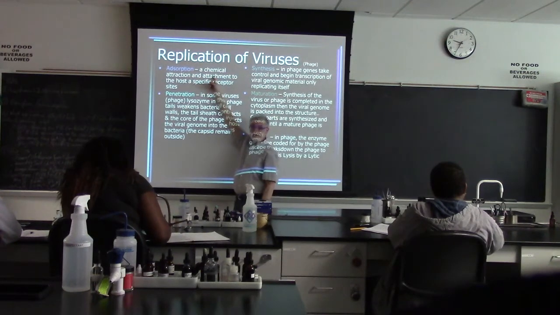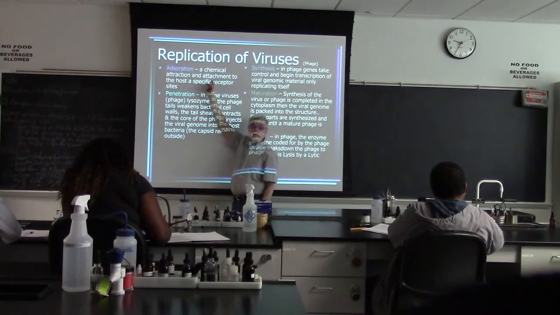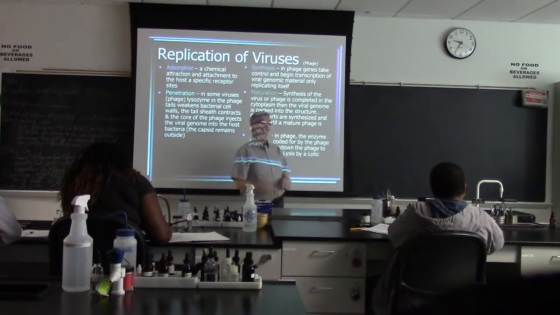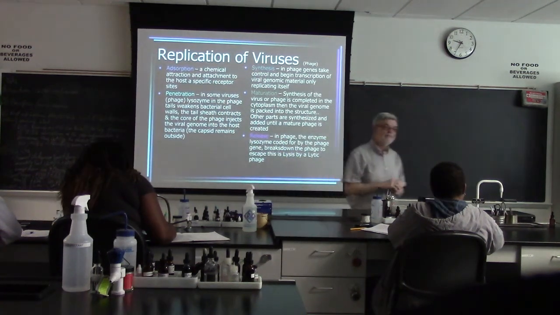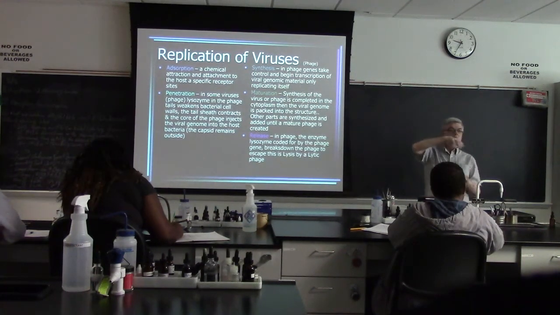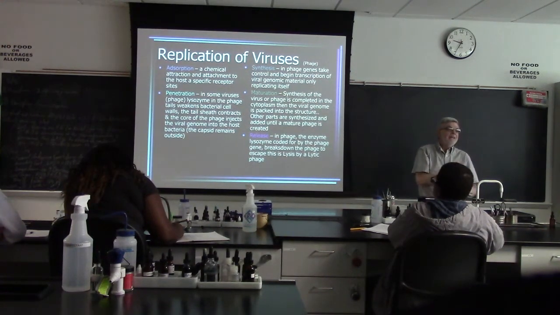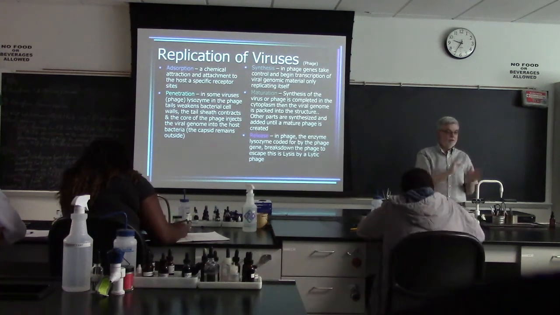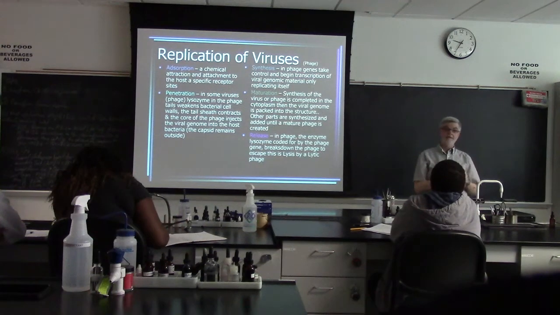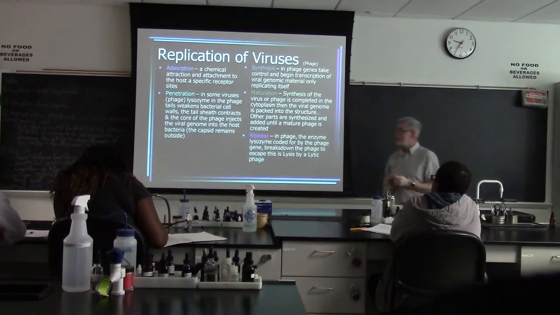When a virus sticks to its host cell, specifically by these receptors, it's called adsorption. Not absorption, but adsorption. Then it's going to inject its DNA or RNA into the host cell. Now it can inject it, or it can actually bud into it or fuse into it, but no matter what, it gets its genetic material into the host cell, and that's called penetration.